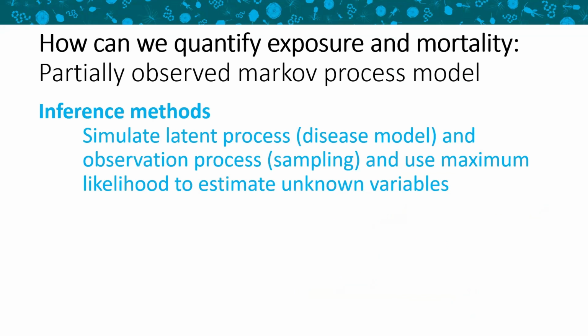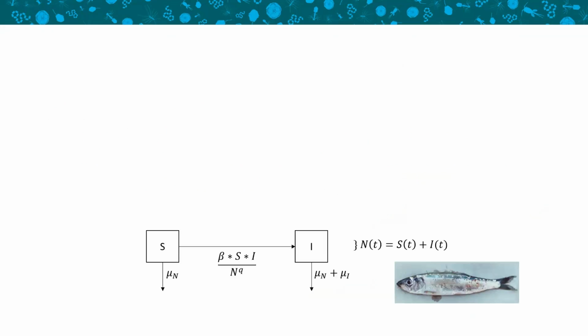So here we're trying to quantify exposure to the disease, transmission, and mortality using this partially observed Markov process model. The model here should be familiar. Here's our susceptible infected model that I presented earlier. And if we add our susceptible and infected together, we get the total population size.